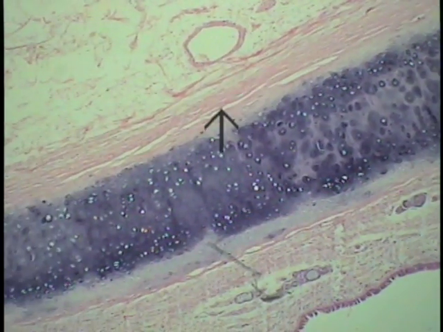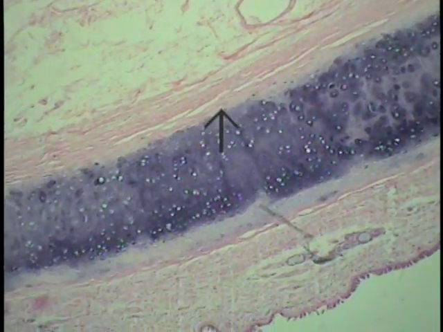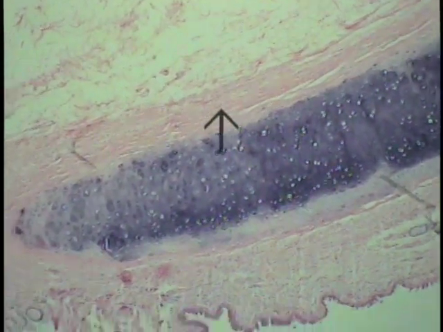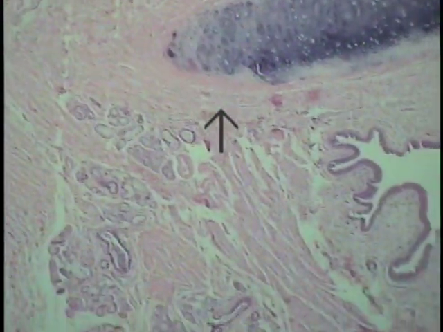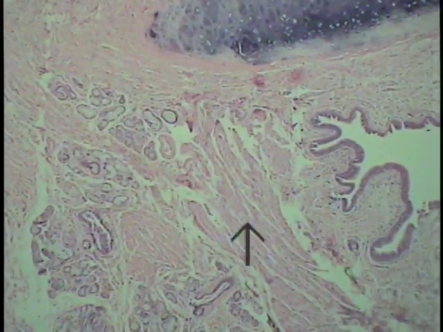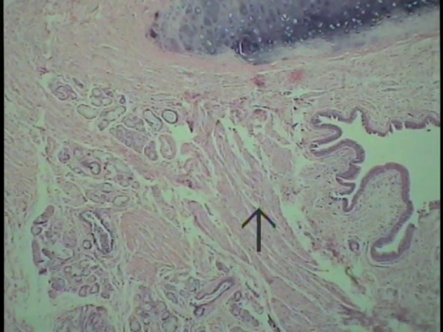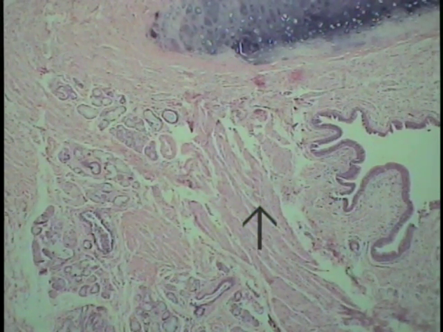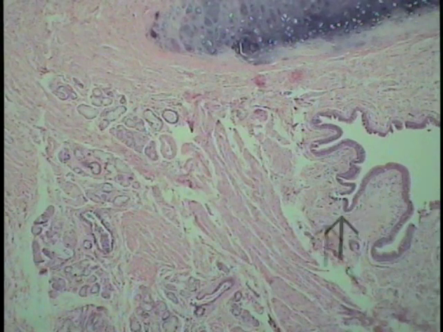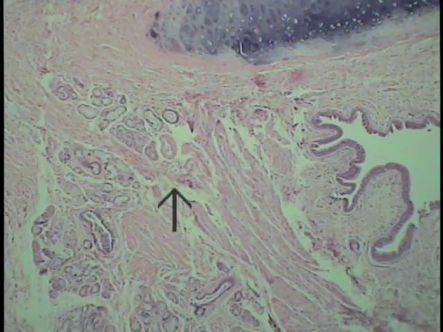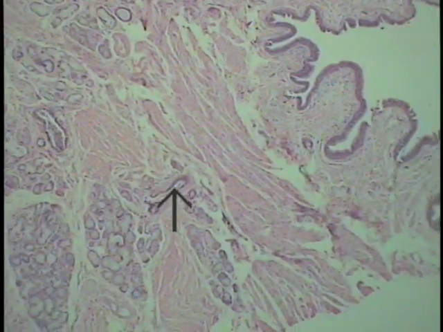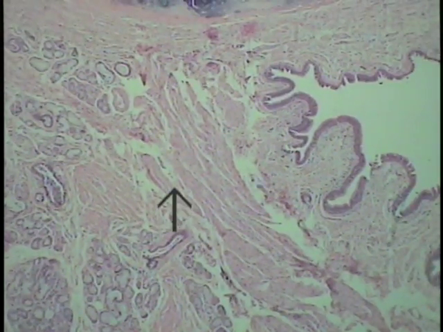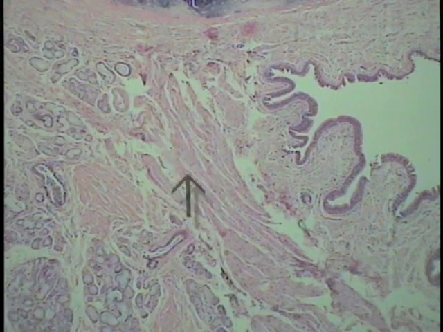Now, as one courses towards the back or the posterior aspect of the trachea, one can see a huge band of smooth muscle coming in that clearly delineates at this point a lamina propria from an underlying submucosa with the tracheal glands. So that is true on the posterior aspect, and this is sometimes referred to as the trachealis muscle.